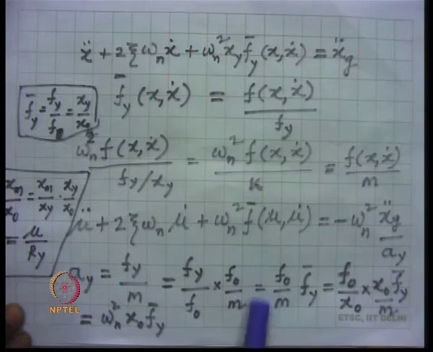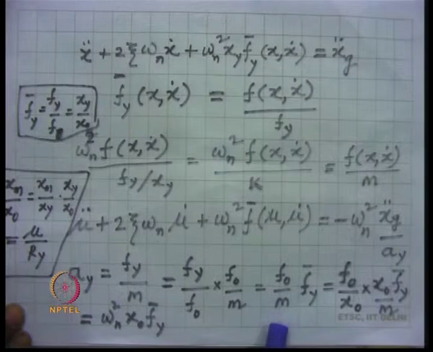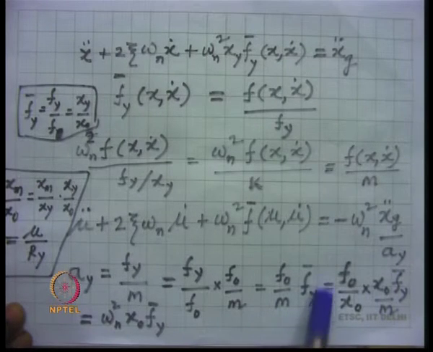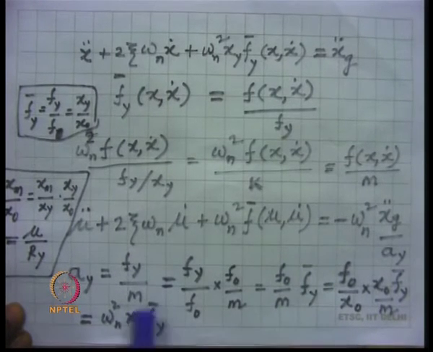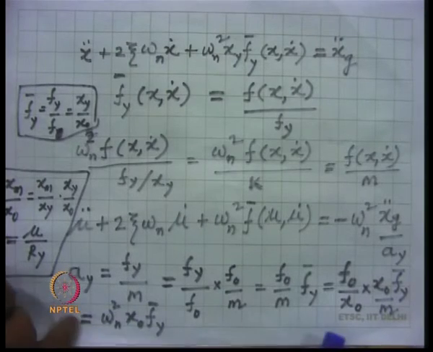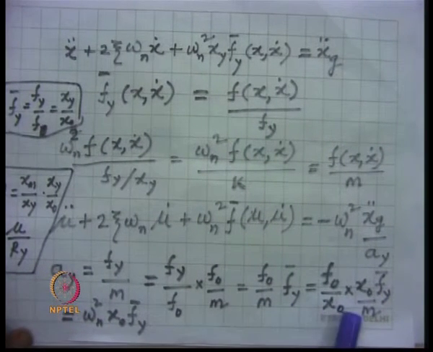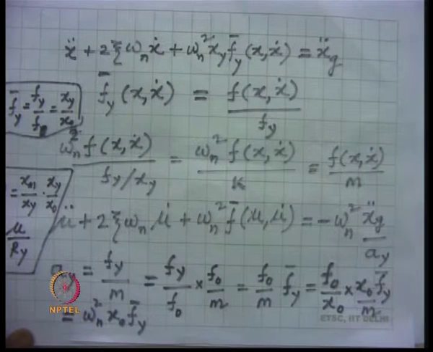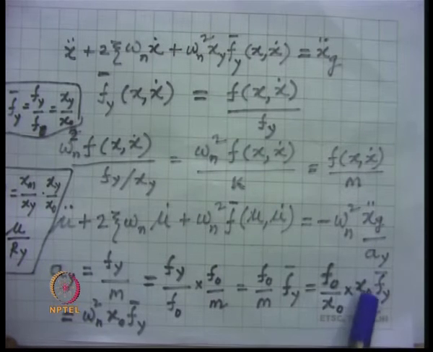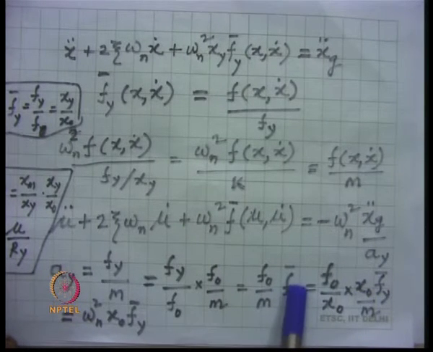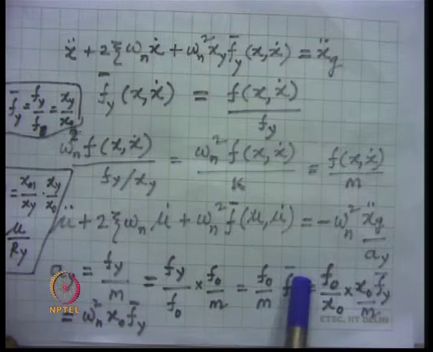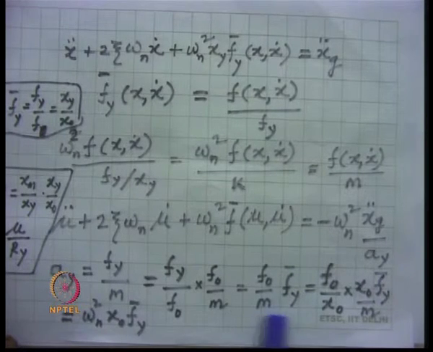So, this is equivalent to f 0 by m multiplied by f bar y. Further we write down f 0 by x 0 into x 0 into f bar y divided by m. So, we multiply here by x 0 and divide by x 0.